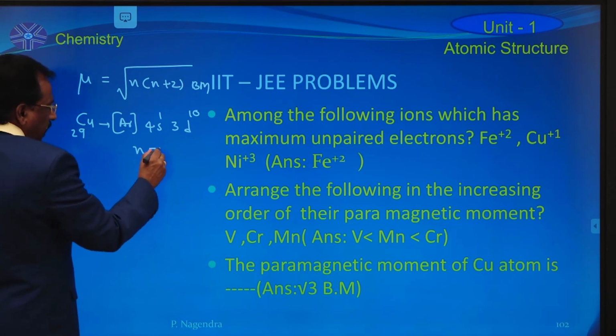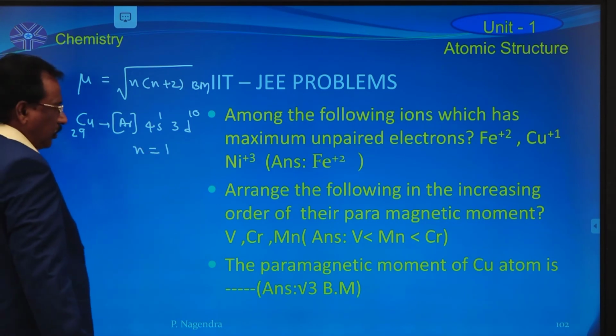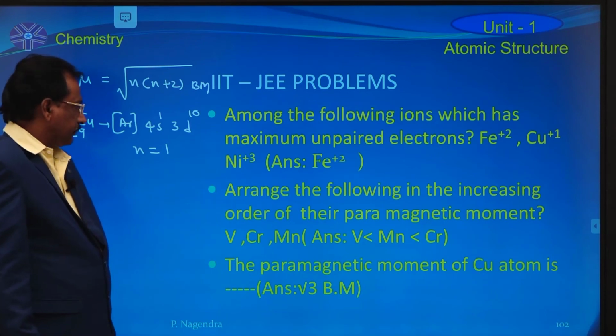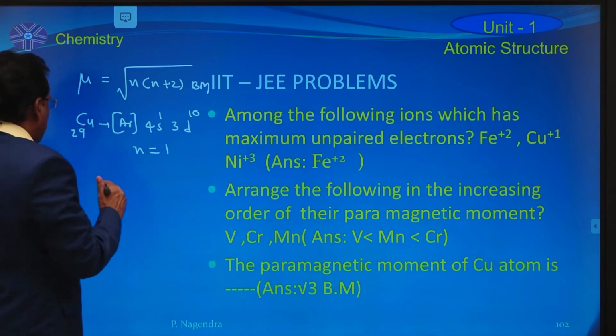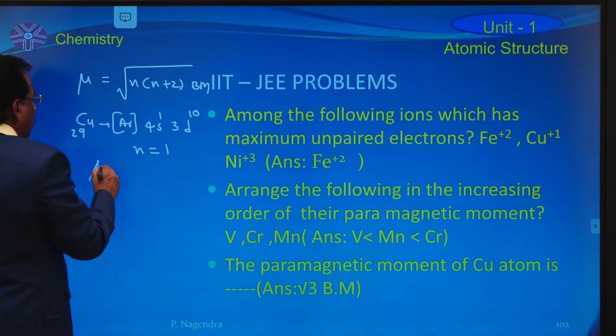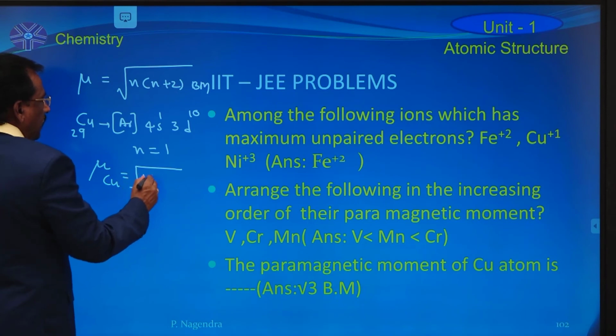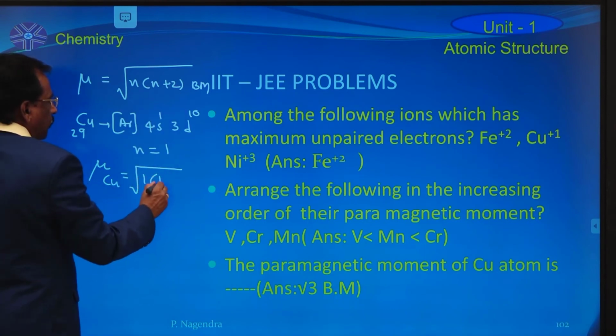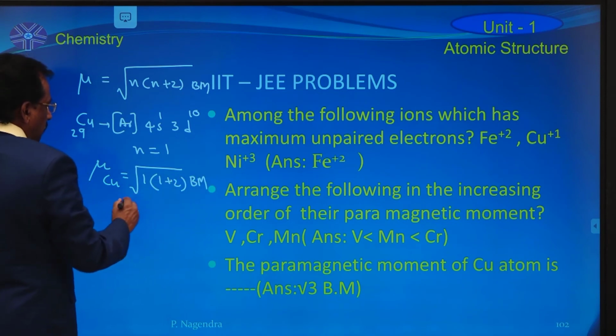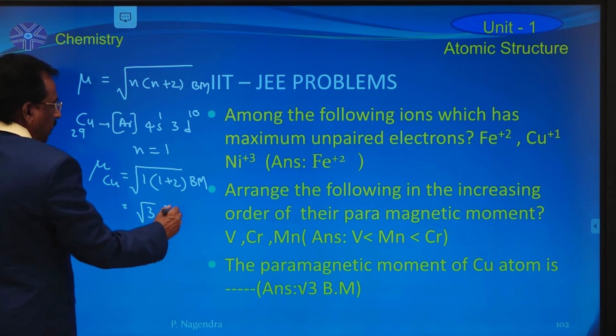So the number of unpaired electrons is equal to 1. Now calculate the paramagnetic moment of copper: square root of n into n plus 2, that means 1 plus 2 Bohr magneton. This is equal to root 3 Bohr magneton.